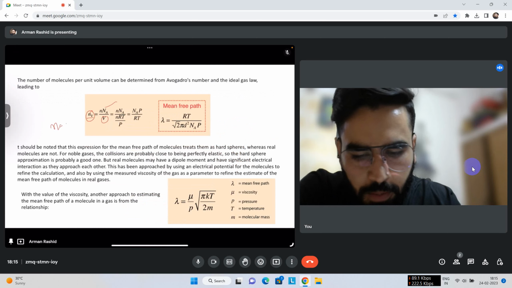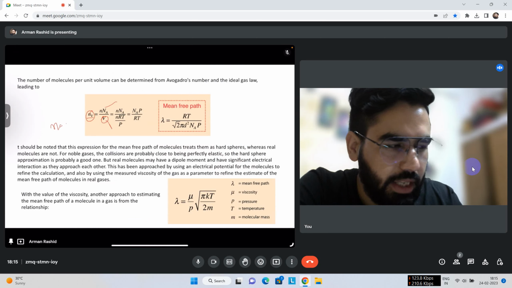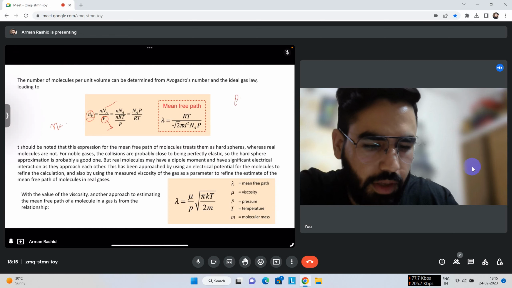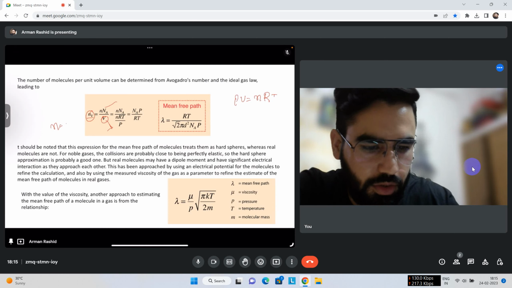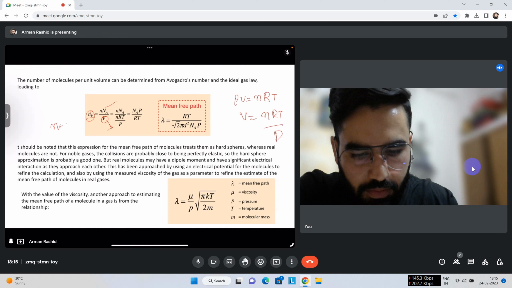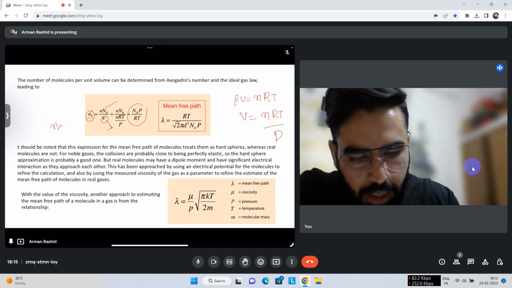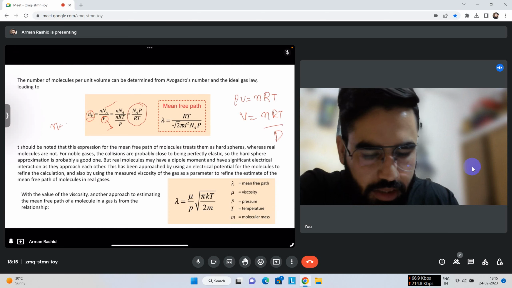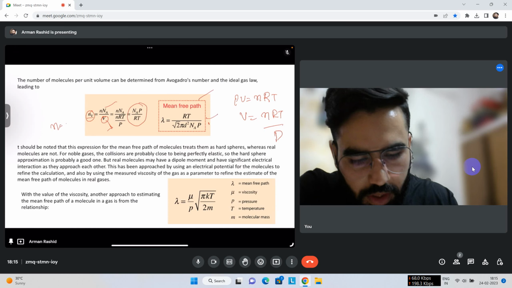As we are considering ideal gases, we can use the ideal gas equation, PV is equivalent to nRT. So this V will be equivalent to nRT by P. Putting this in, we determine the mean free path for ideal gases or dilute gases, which will be given by RT by under root 2 pi d square Na into P. Okay, so this is the mean free path.